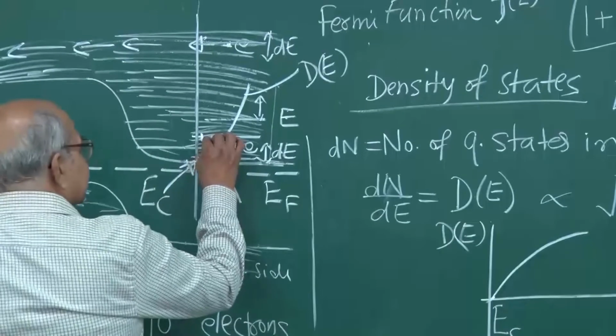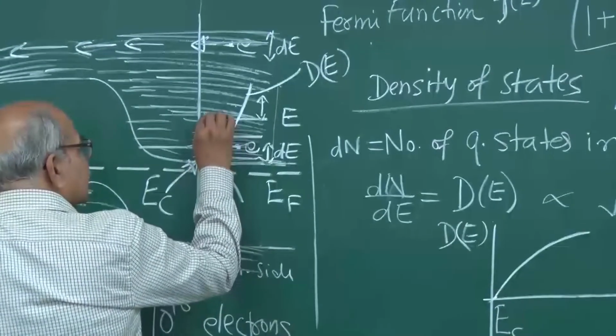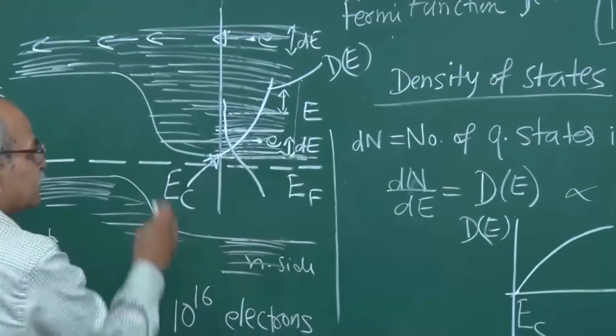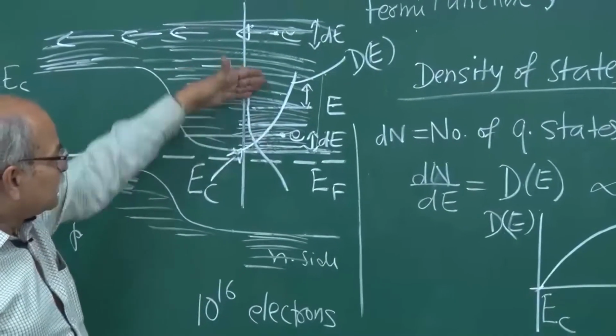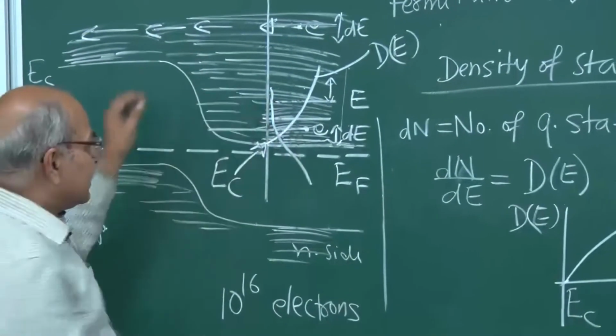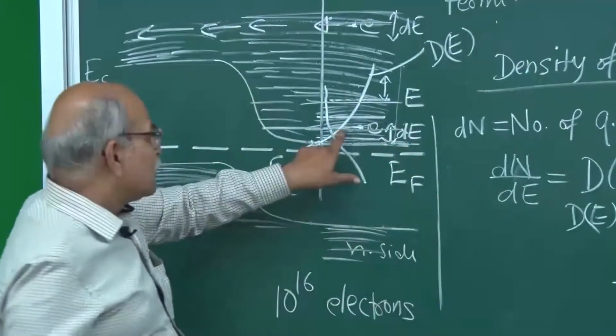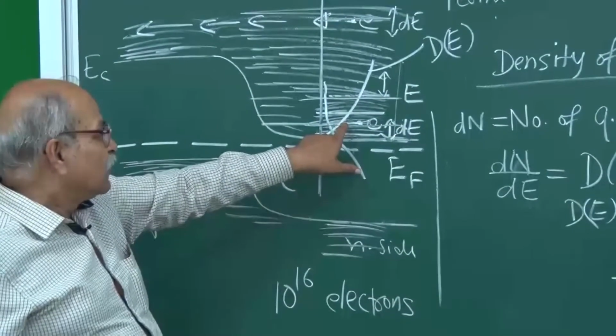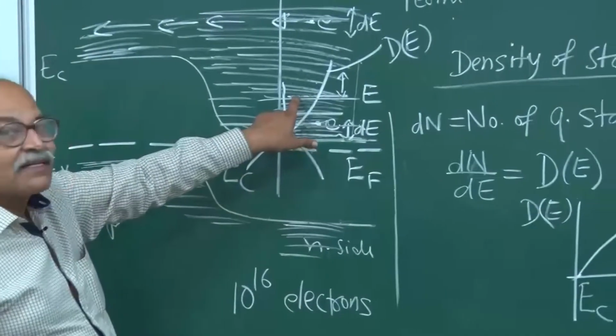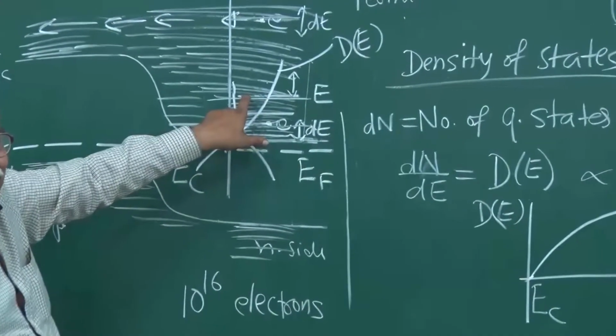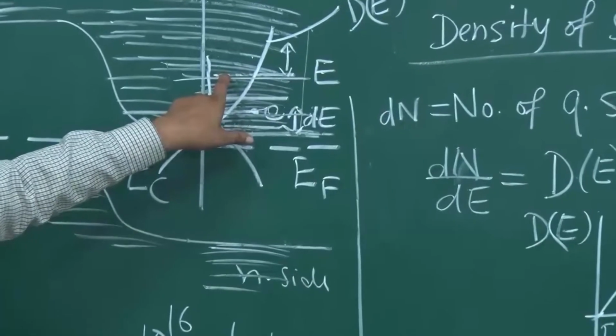So as you go up, the probability is decreasing. There is a quantum state out here and a quantum state out here. This quantum state has larger probability of being occupied. This quantum state has higher energy, lower probability of being occupied.